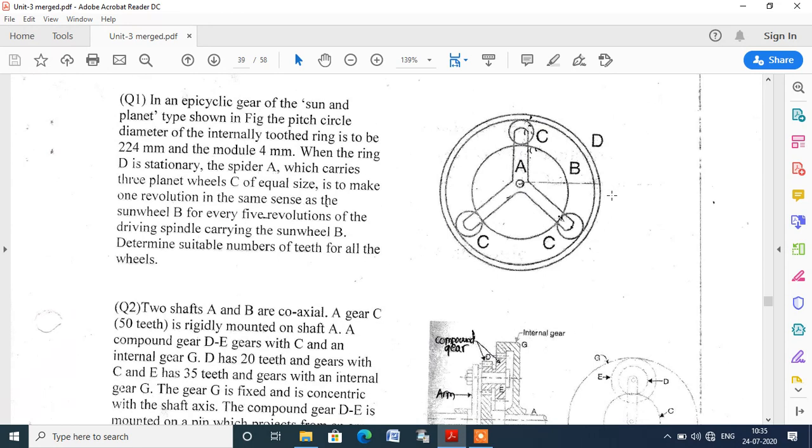Draw the figure roughly. There is no need to draw it to scale. Drawn? Shall we move further? Okay.